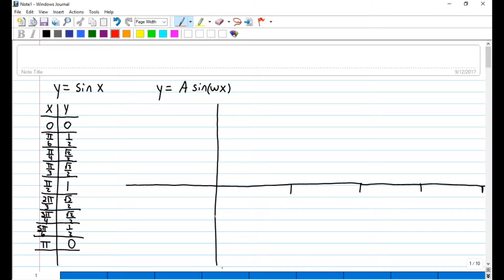This here is 0 on the x. Then I'm going to call this tick mark here pi over 2. And then this is going to be pi. This is going to be 3 pi over 2. And this is going to be 2 pi.